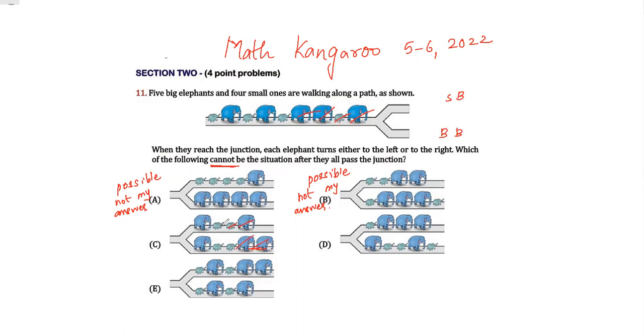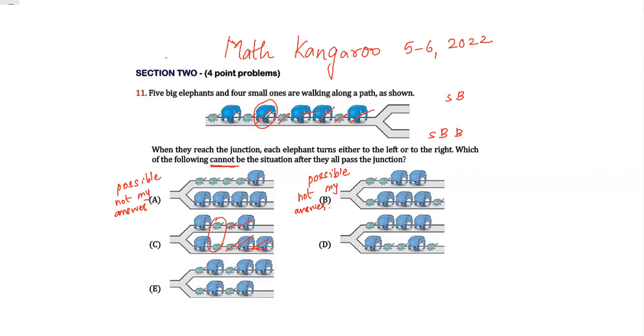Now again, see, I have three small and one big, right? Now, if I take this small, the small is already here. So I need to take this small here. Then I have to take this big. Now I have this big elephant, but in both situations here, I have the small elephant.